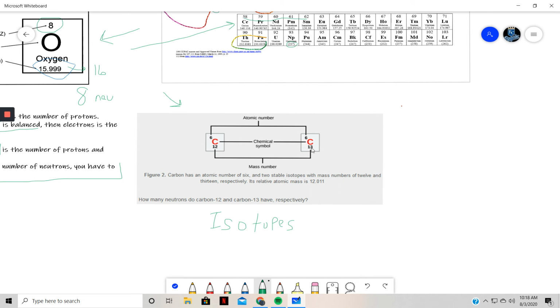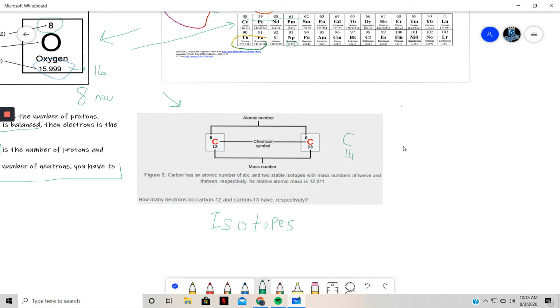Now, if we do one more example, carbon 14, which is the version of carbon used for carbon dating, the radioactive dating, in an attempt to tell the age of something, and that's a whole different chemistry lesson that we don't have to get into.